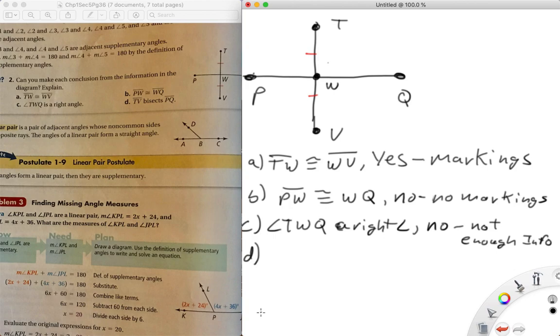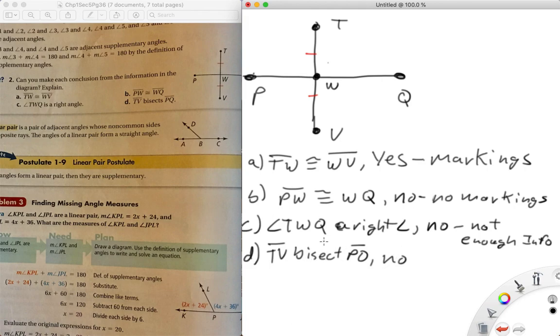D. Does segment TV bisect PQ? And the answer to that is, I have to say no. So what does bisect mean?